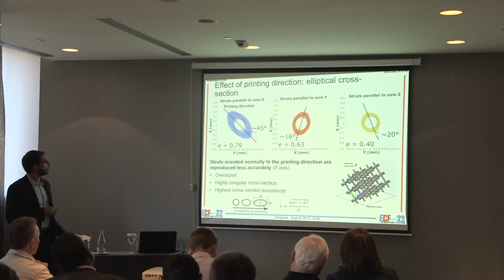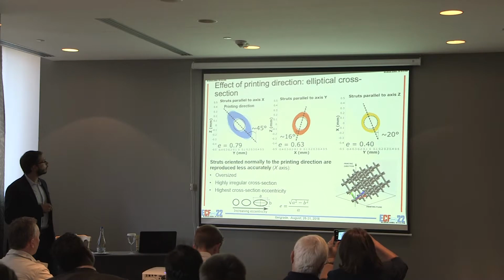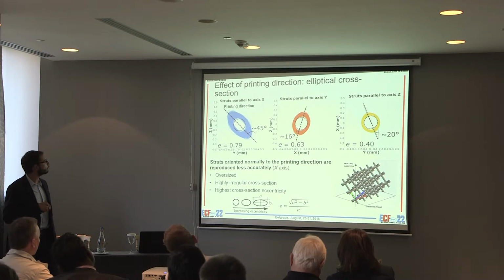So this is also confirmed in this slide, where the sections have been fitted with an ellipse, and the ellipses for all the struts are plotted in the same graph to give you an idea of their orientation and size with respect to the nominal, which is this circular line.